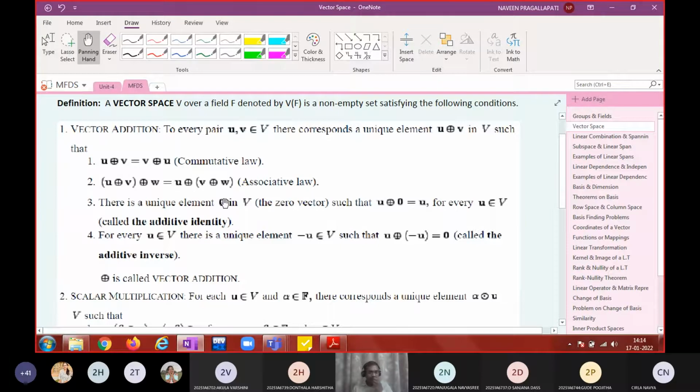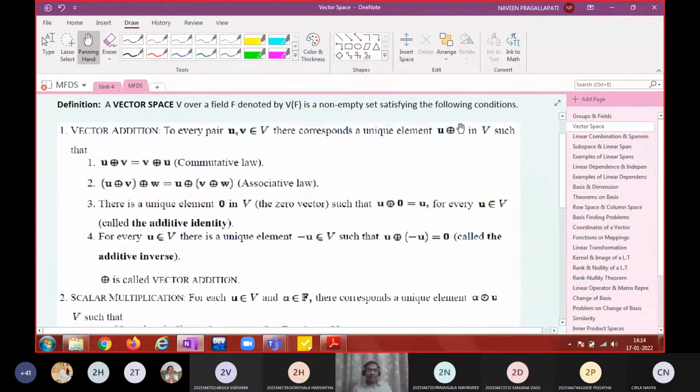and satisfy some more properties like commutativity with respect to this operation, associativity, additive identity, and additive inverse. This operation you may call the addition operation, not necessarily the usual addition of numbers or of matrices. We just call it addition. All these properties are nothing but properties of an abelian group.